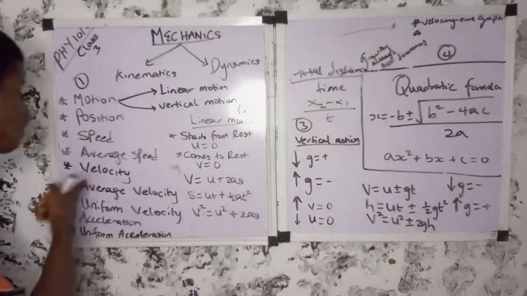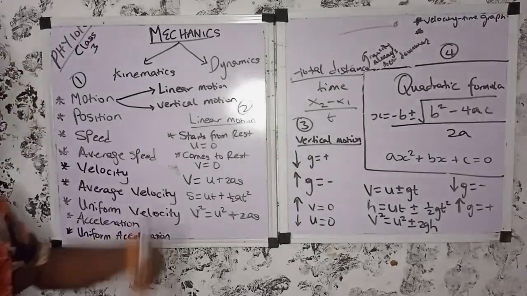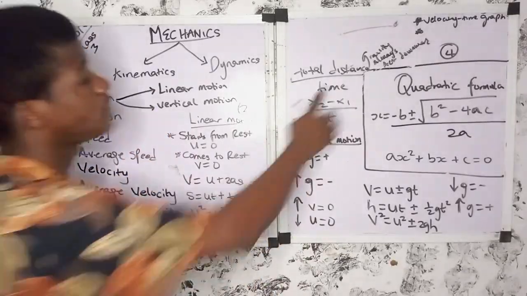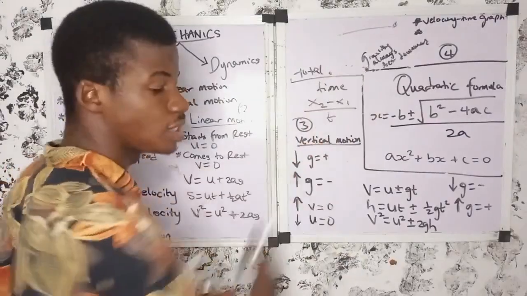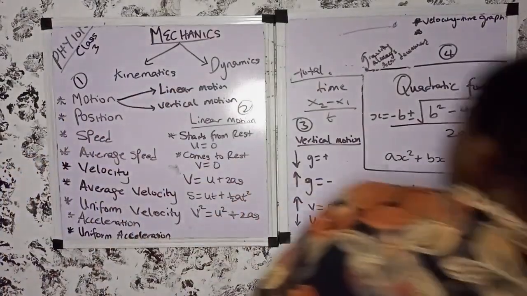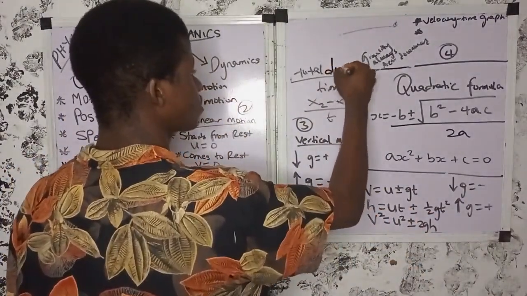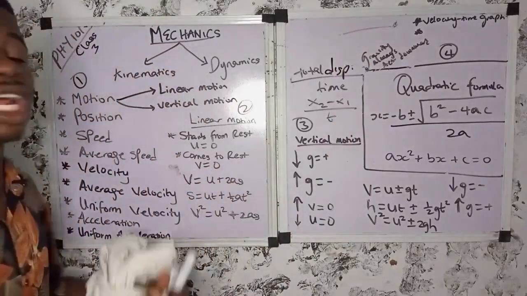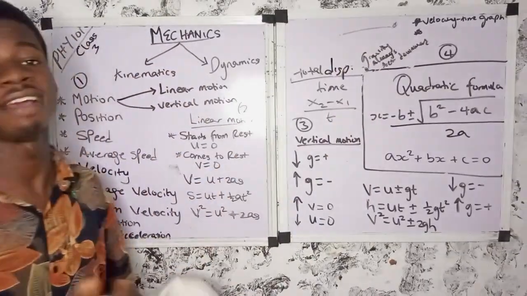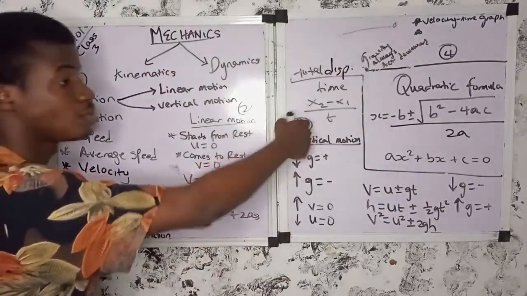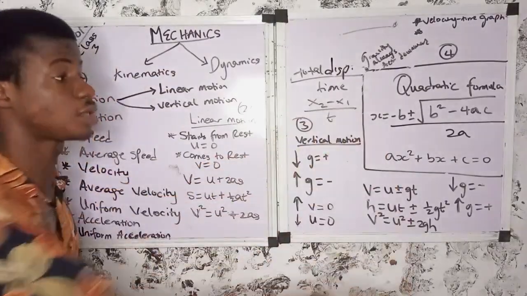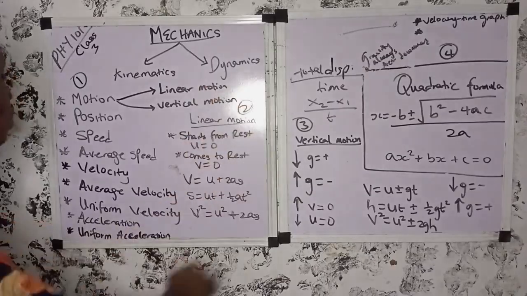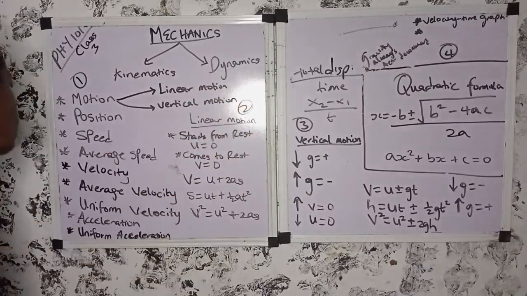I mean the total displacement rather, not distance. It is the total displacement traveled by that body divided by the time. So S2 minus S1 divided by total time. That will give you the average velocity.